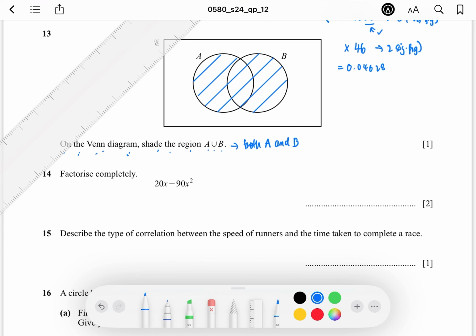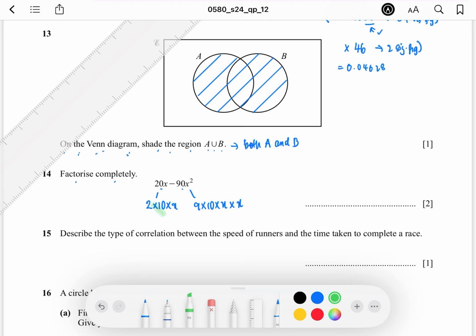Factorize completely. So not only factorize, but the question wants you to have complete factorization. If you look at this one, the factors here, 2 times 10 times x, and you can also have 9 times 10 times x times x.